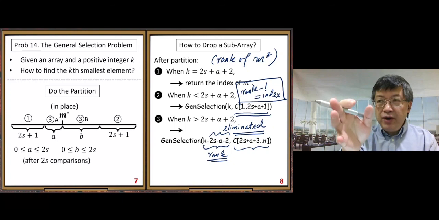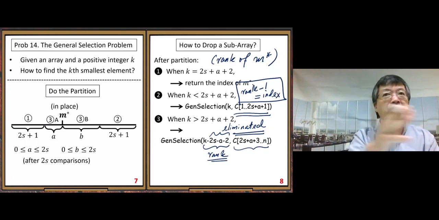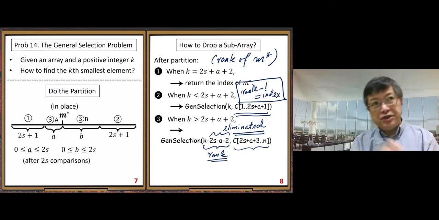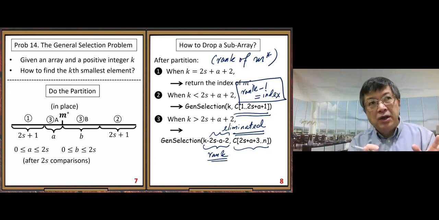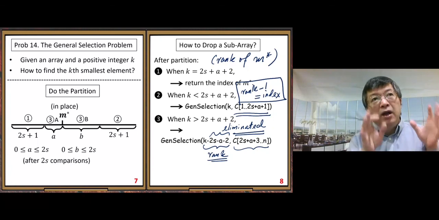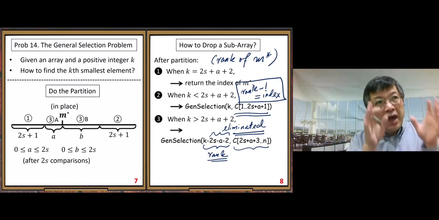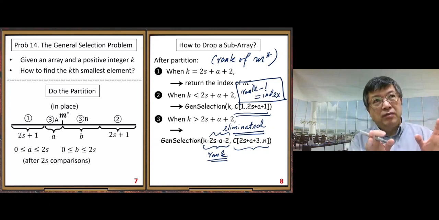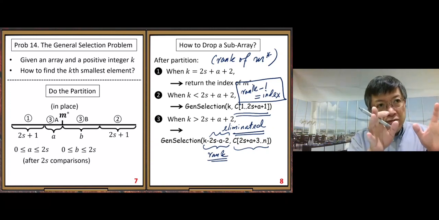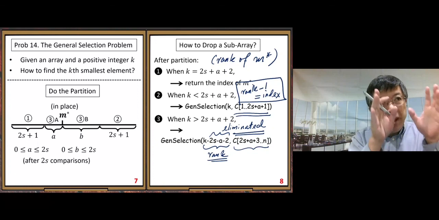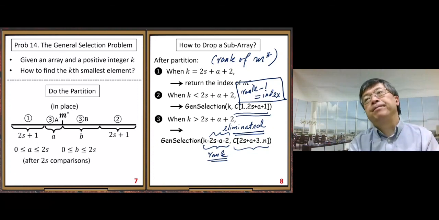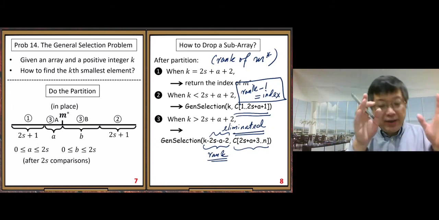In the next video, we need to do efficiency analysis: whether this way can give us the solution in big theta of n. Big theta of n. All right, so let me finish.